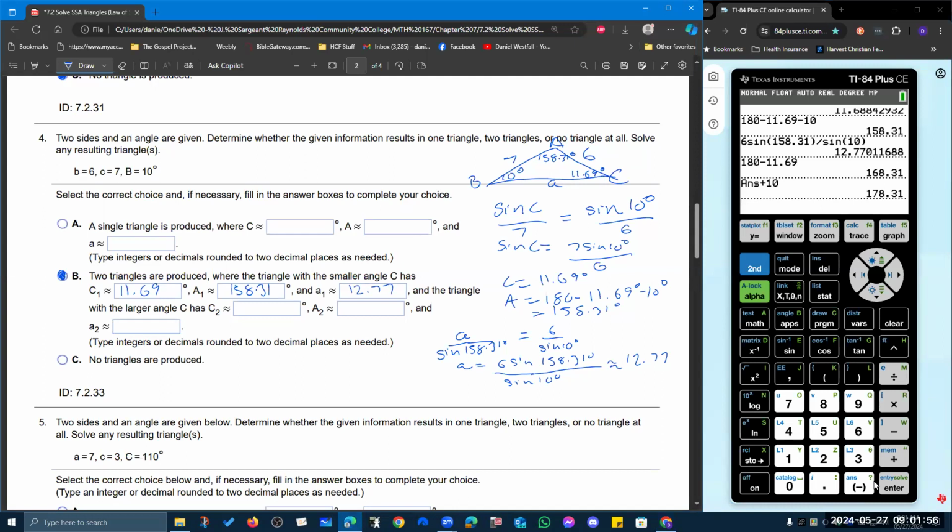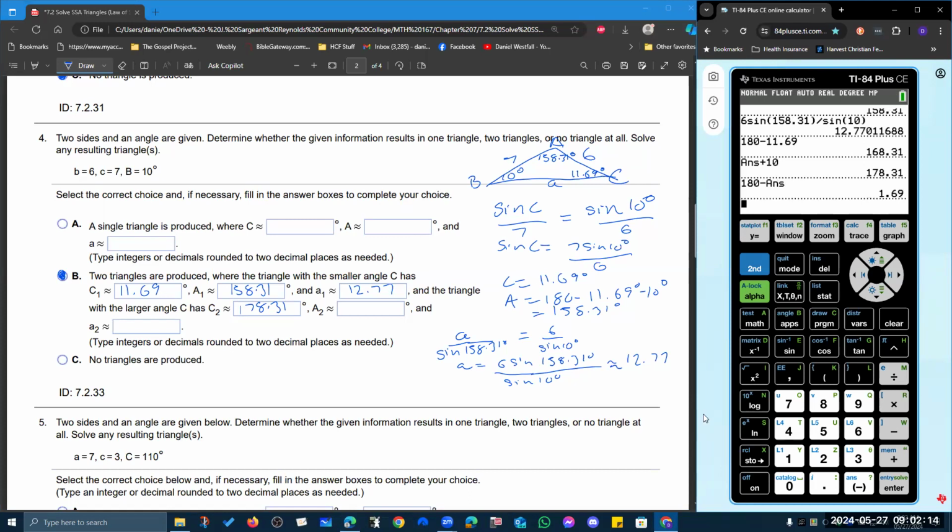Now for C2, we have 178.31, and that means that 180 minus this is 1.69. And so I'm going to try and draw that angle for that triangle for you. And this is be like so.